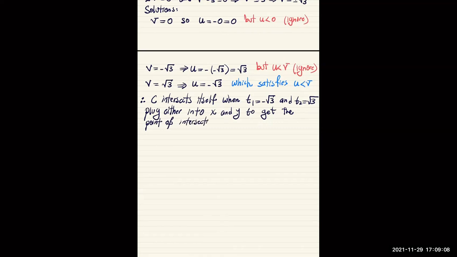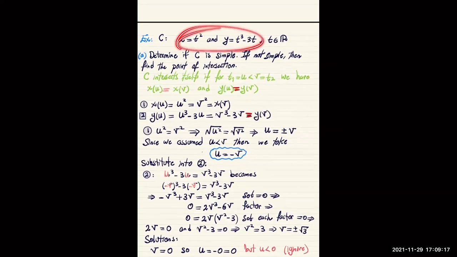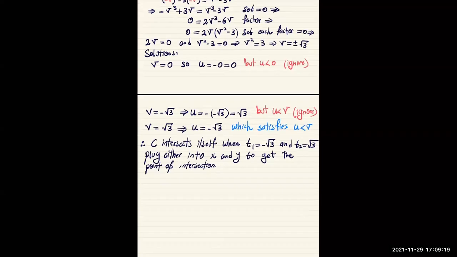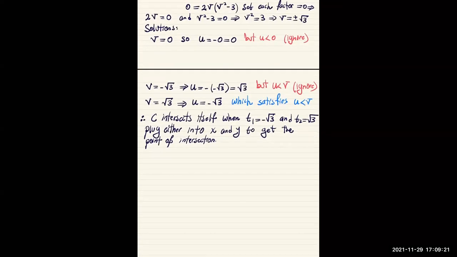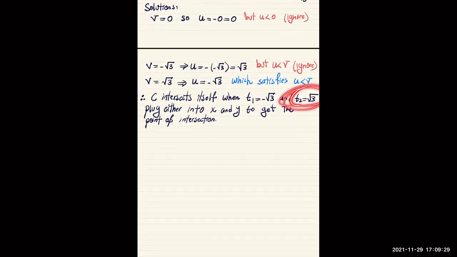It doesn't matter which one you plug in. You can plug negative root 3 or root 3 into your parametric functions. It doesn't matter which one you pick because at both of those, you get the same x and same y. So let's just plug in root 3 in there.